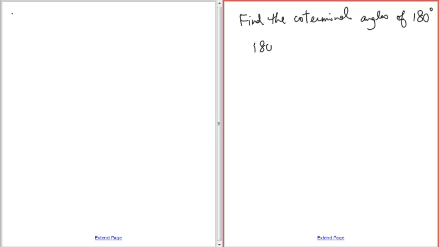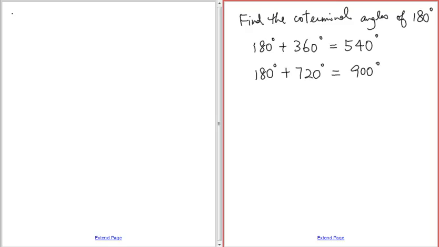I could have 180 degree plus 360 degree. That will give me 540 degree. I could have one more full rotation, so 180 degree plus 720 degree. So that gives me 900 degree.